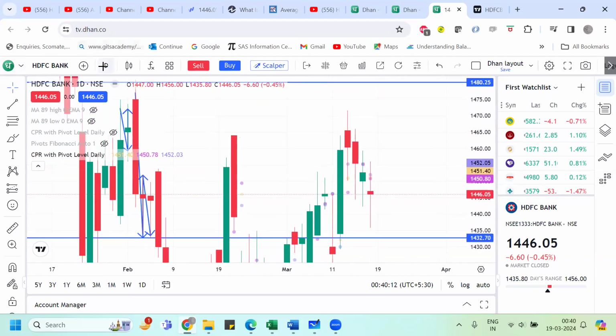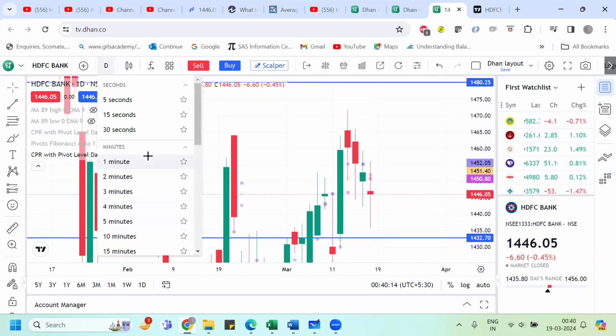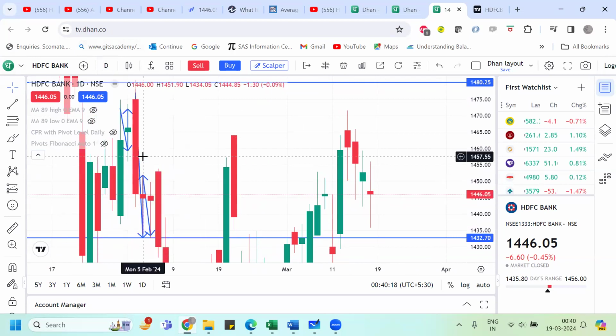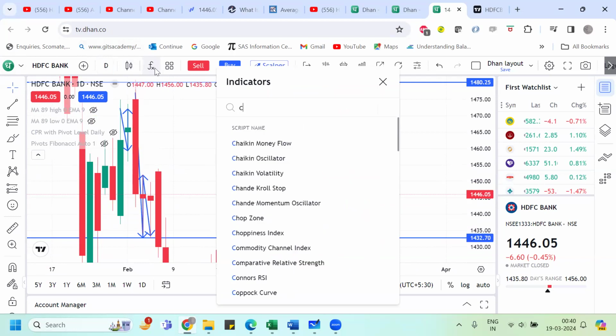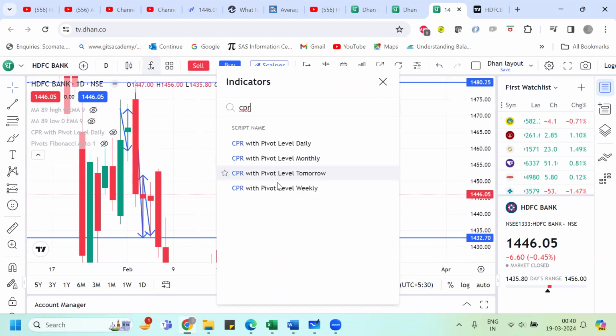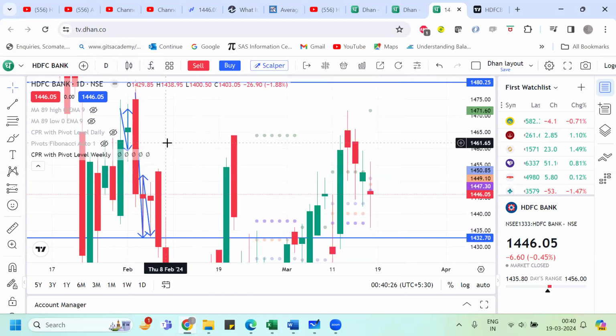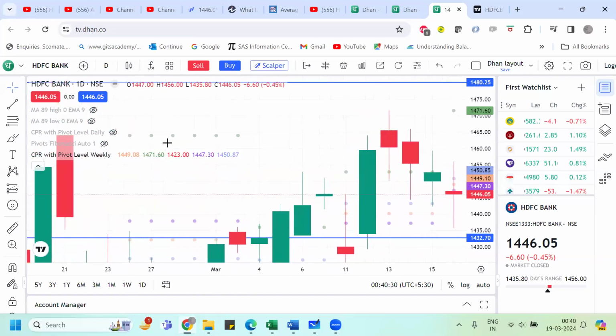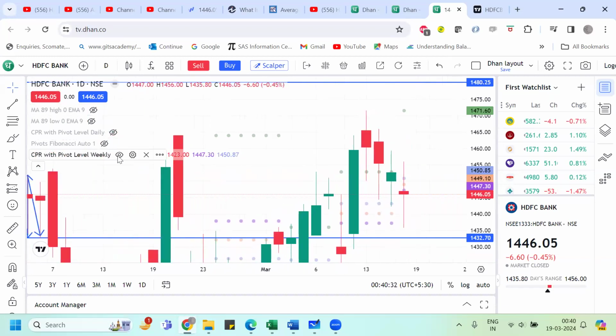Nothing much is happening. Let me check CPR with pivot level weekly. There's no point.